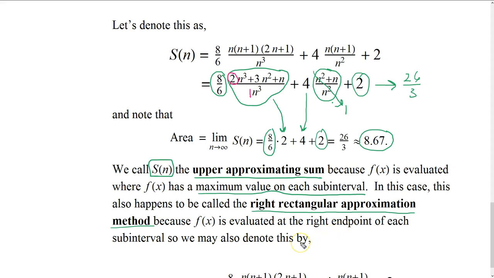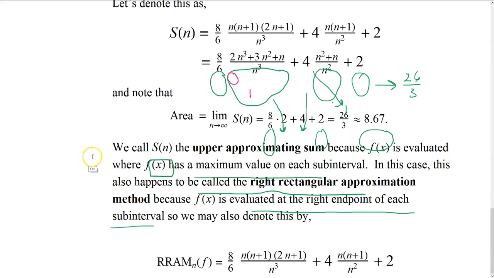And so we may also denote this as follows. It may also be denoted like this. So instead of using the terminology capital S of n, we might use RAM. That is the acronym for right rectangular approximation method. n is the number of partitions that we have, and our function f of x.